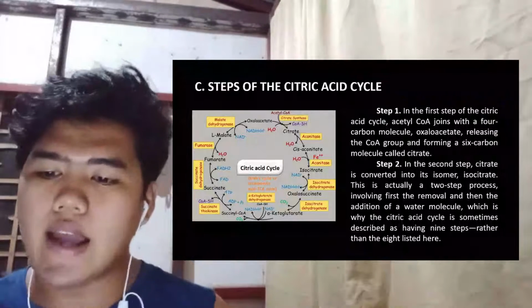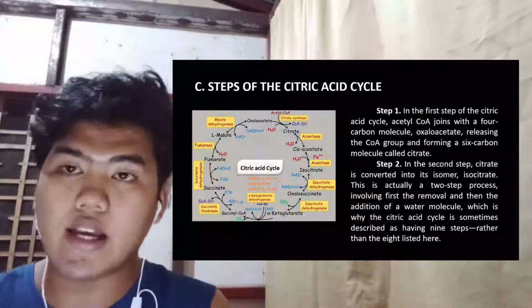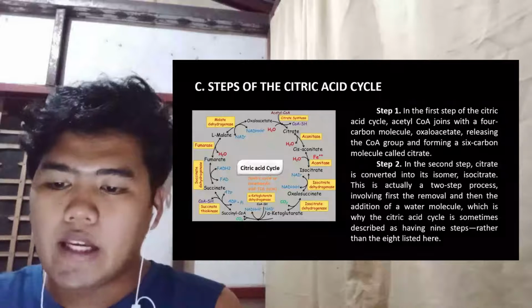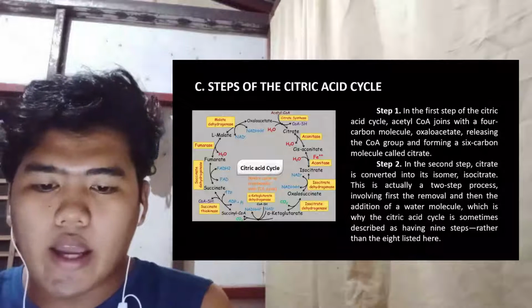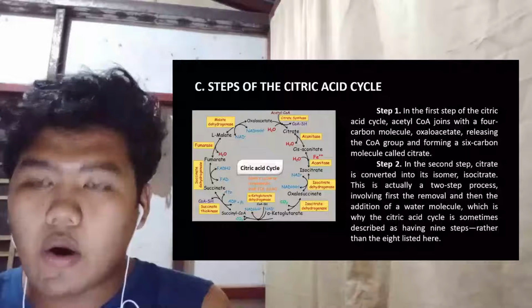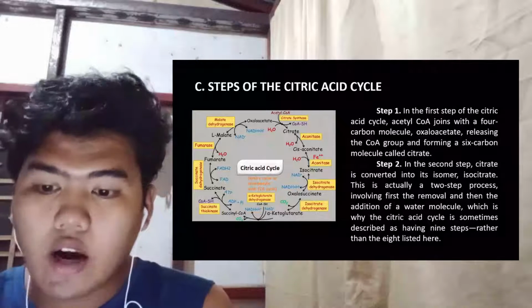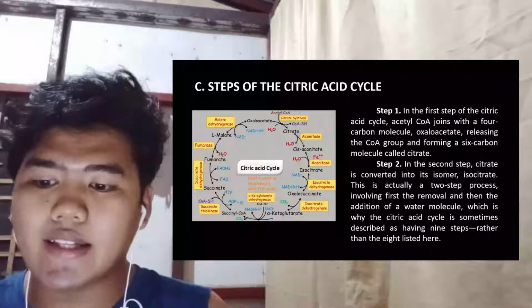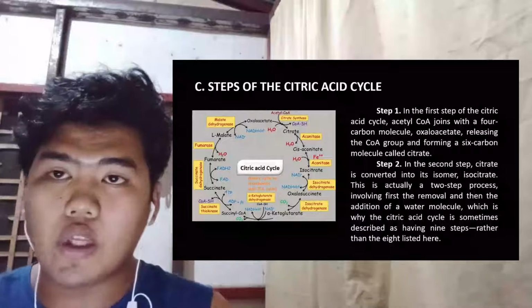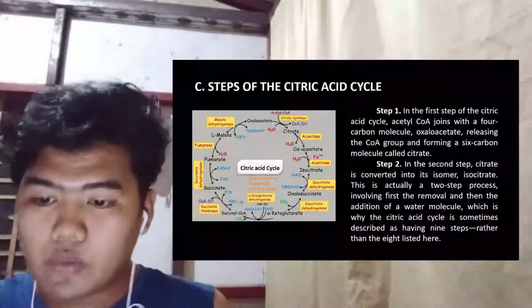Now let's go to the 8 steps of the citric acid cycle. Step 1. In the first step of the citric acid cycle, acetyl-CoA interacts with oxaloacetate, a 4-carbon molecule, to release the CoA group and synthesize citrate, a 6-carbon molecule. Step 2.